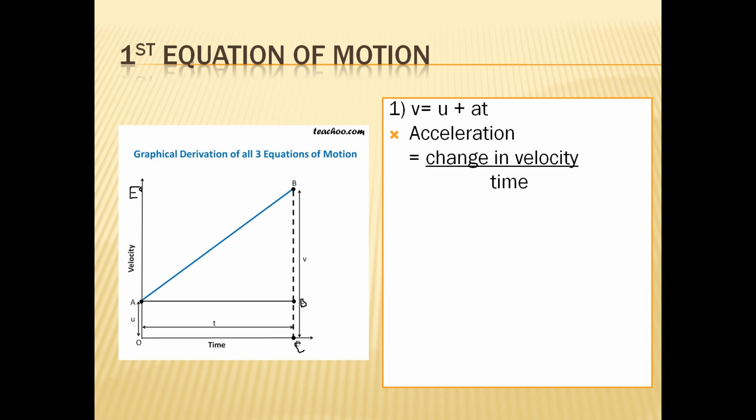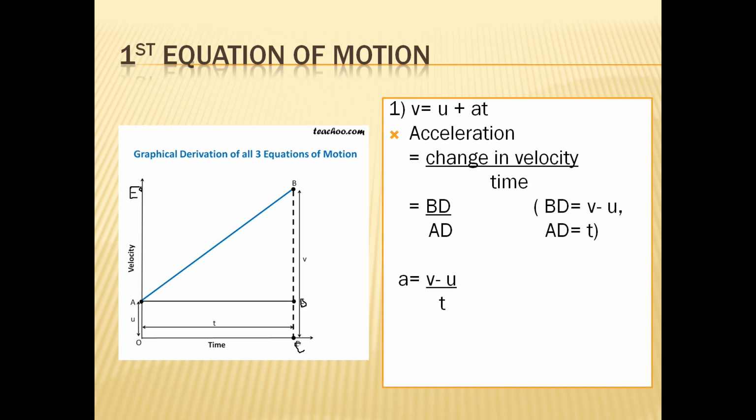From the graph we can understand that the change in velocity occurs on the side BD. BD upon AD. So our equation is BD upon AD, where BD equals v minus u and AD equals t. So a equals v minus u upon t.